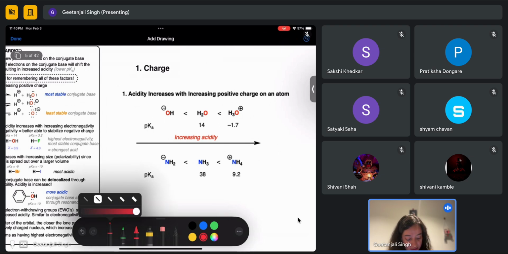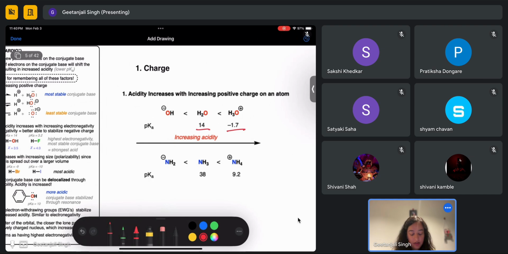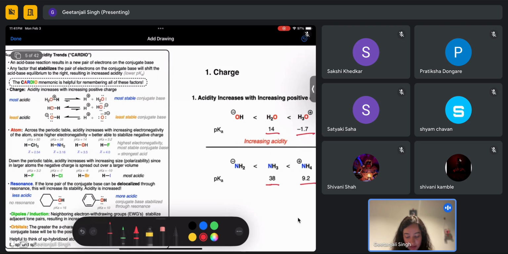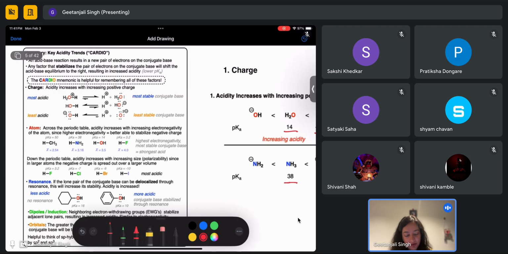You can notice the pKa value here stands at 14, and for H3O plus it's minus 1.7, whereas I've not mentioned OH minus because it's mostly basic. Now again, the pKa value of NH3, which is neutral, is 38, whereas after the addition of a single positive charge, that makes it NH4 plus, the pKa decreases to 9.2. Lower the pKa value, higher the acidity. Now see, that's when there is charge.